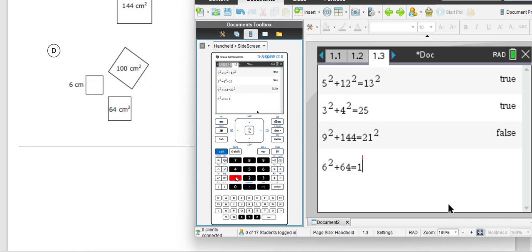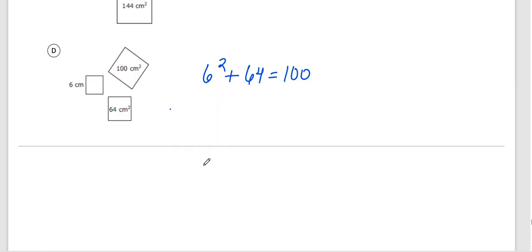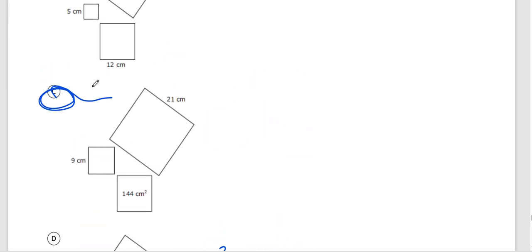Is that equal to 100? And that one's true. So that's false. Is that one right there? Yes, sir. That's it again. Okay, that's not too bad.